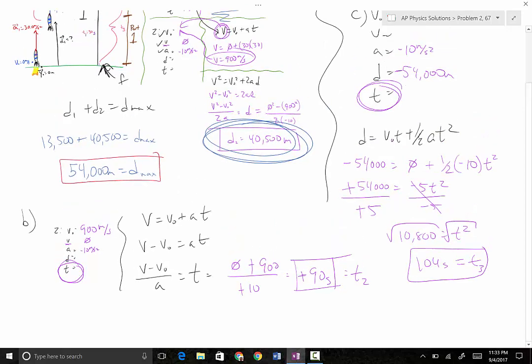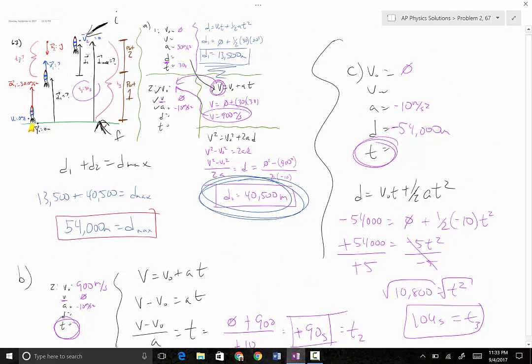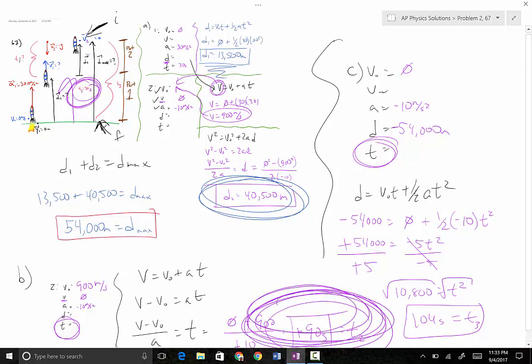So it takes, let's go over here, it takes 30 seconds to go up when it was accelerating at 30 meters per second squared. Then I found out that it takes 90 seconds to make its way up before the rocket goes to rest. Once the rocket is at rest, it takes 104 seconds to make its way back down.